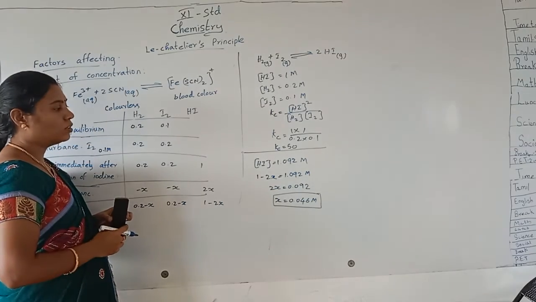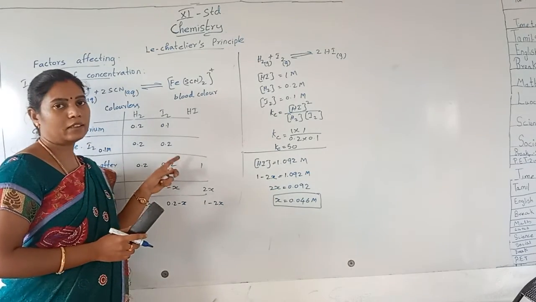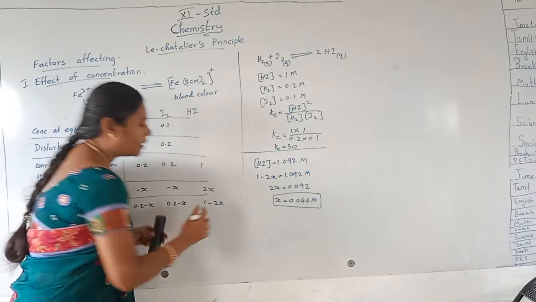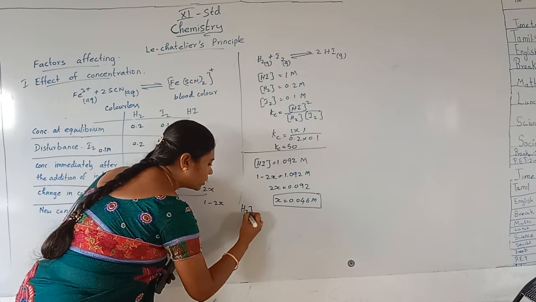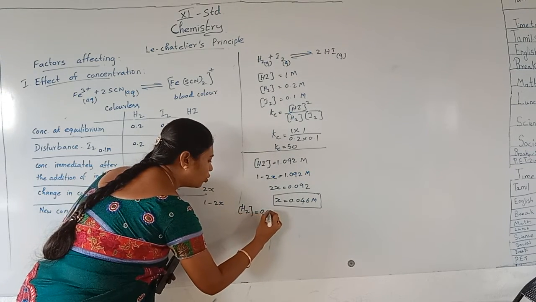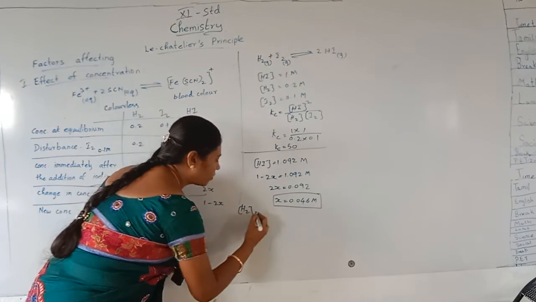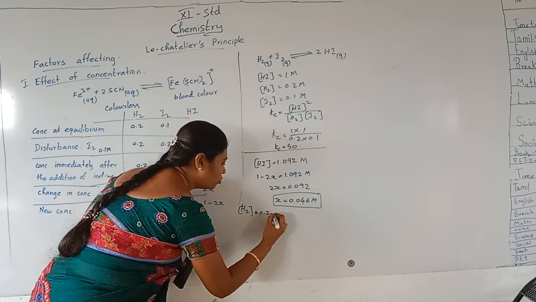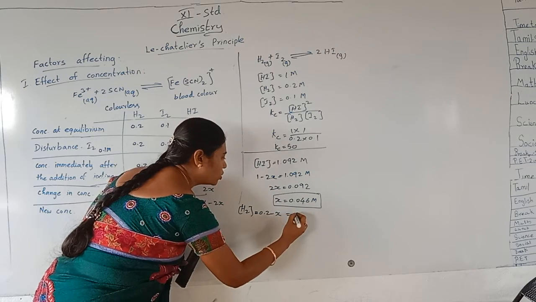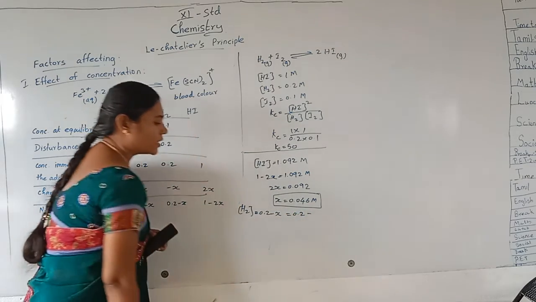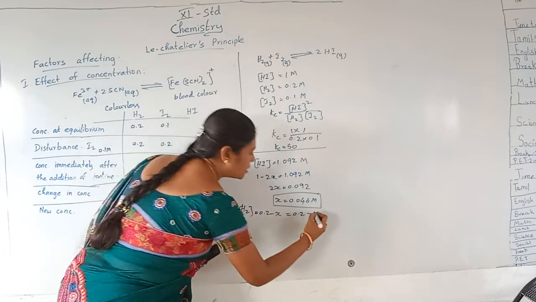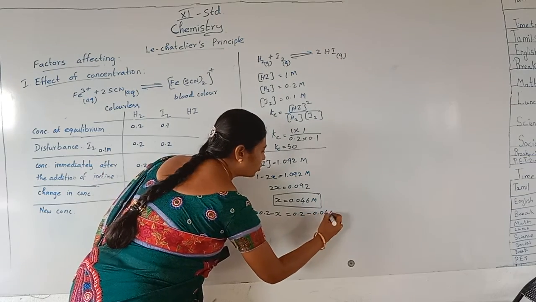Okay. The next you write the hydrogen and the iodine value. So what is the hydrogen value? H2 is equal to 0.2 minus x, and x is 0.046.